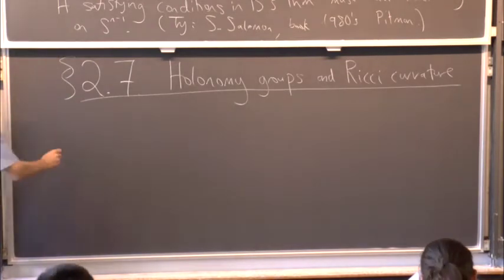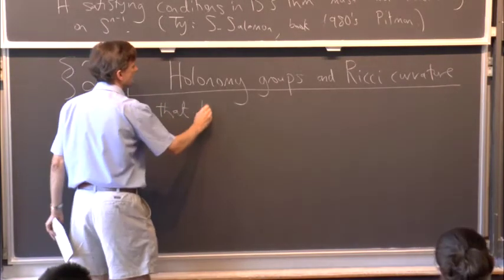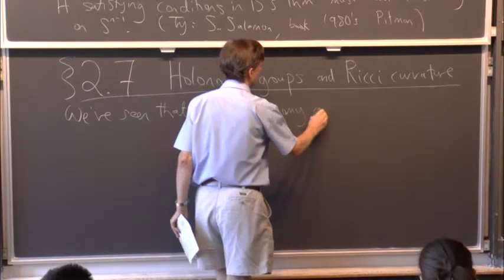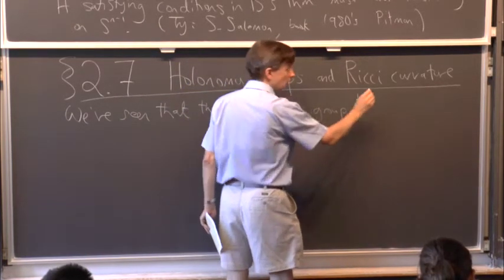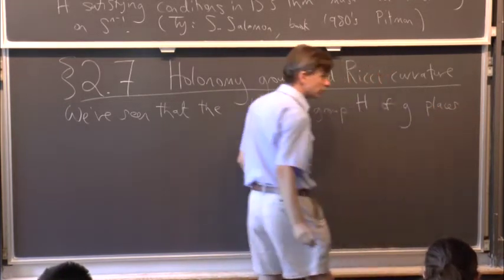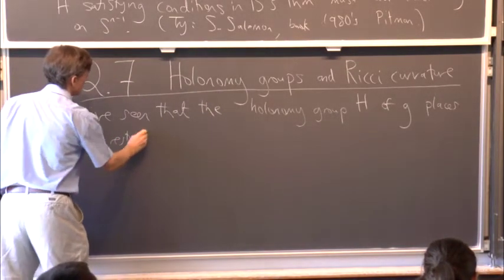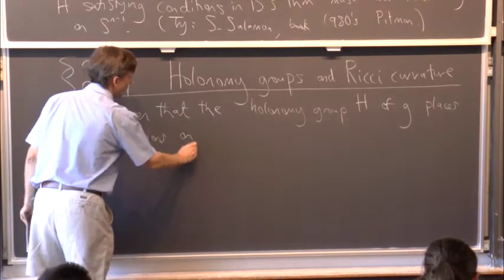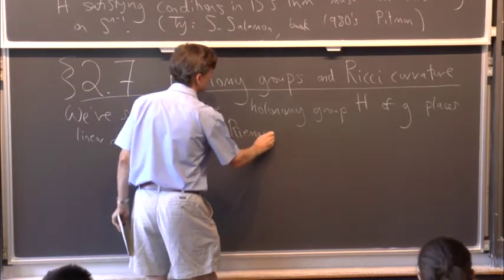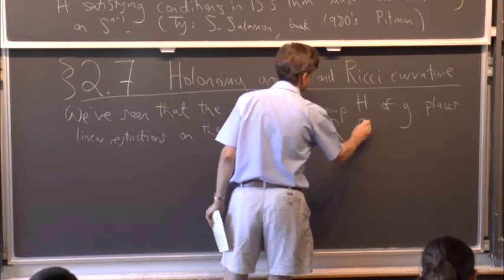Well, we've seen that the holonomy group H of a metric g places linear restrictions on the Riemann curvature R of g.